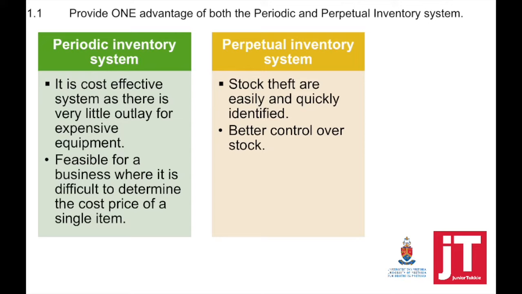Remember, with a continuous inventory system, all movement of trading stock is recorded in the trading stock account. There is better control over stock. So these are advantages of a periodic and a perpetual inventory system.